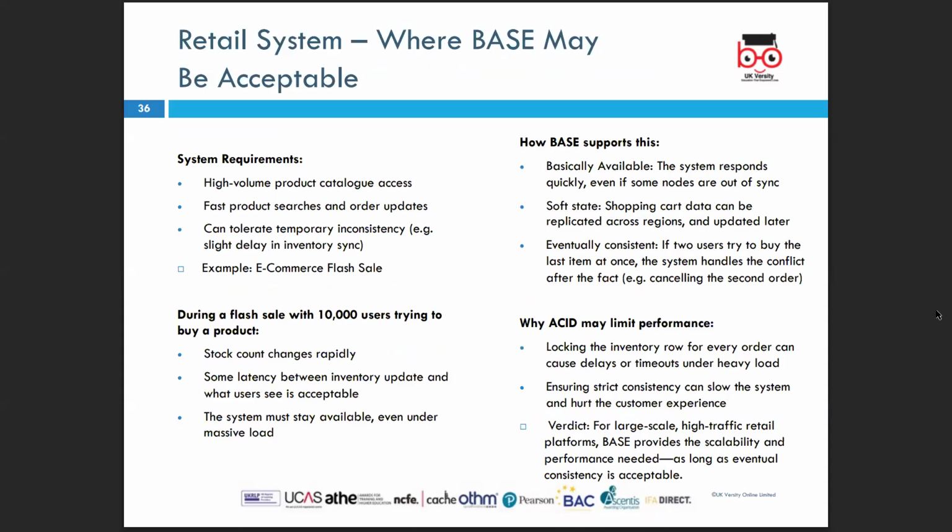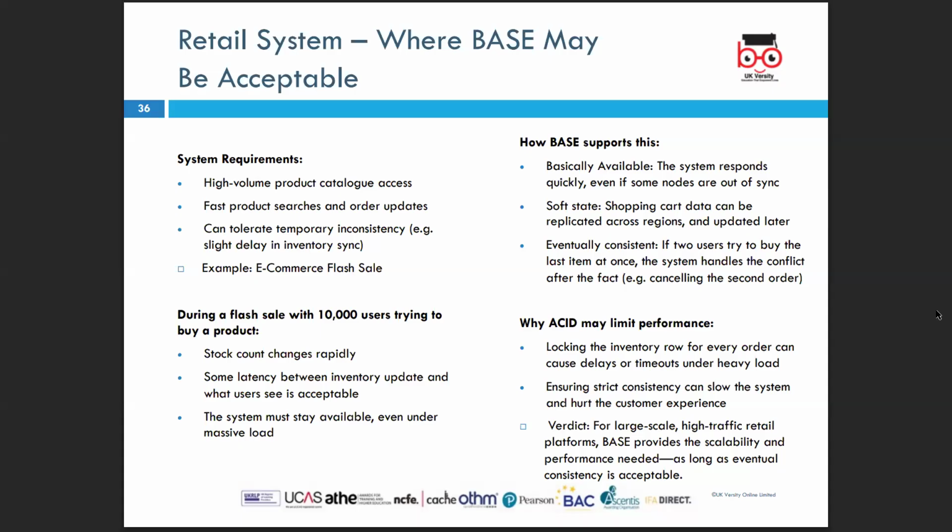Now the retail system, where BASE may be acceptable. The system requirements are high-volume product category access, fast product search and order updates, and it can tolerate temporary inconsistencies. An example is e-commerce flash sales.